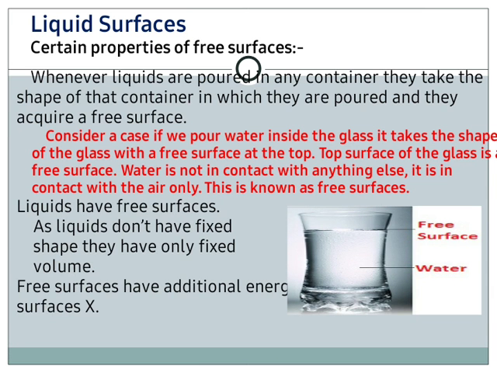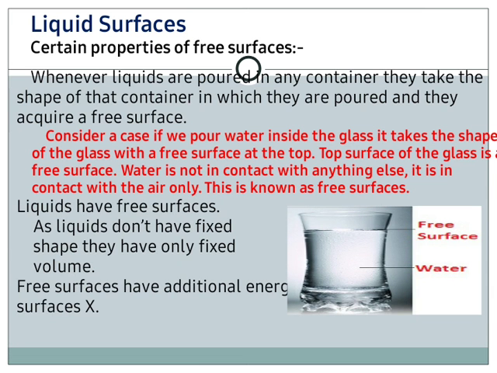Consider a case: if you pour water inside a glass, you know that it takes the shape of the glass. It will have a free surface at the top when it occupies the glass. The top surface of the glass is a free surface because on the top surface water is not in contact with anything else.